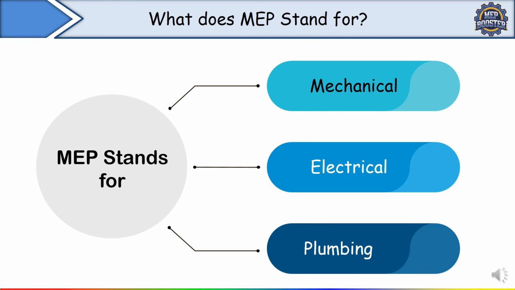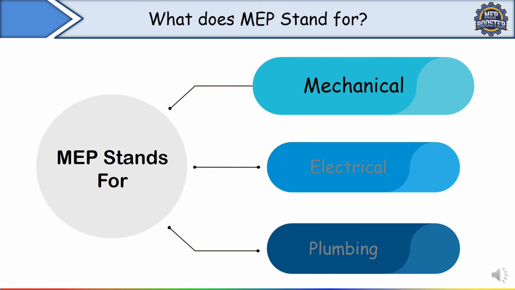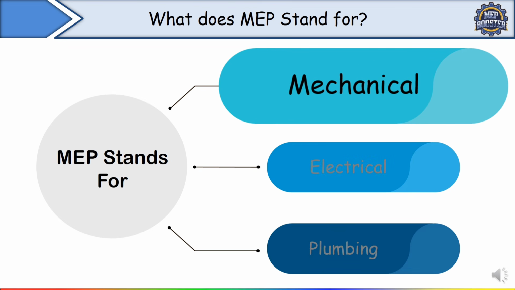So in that, the first one is mechanical system. The mechanical system in MEP encompasses the heating, ventilation, air conditioning and fire protection system within a building. So all of you know that heating provides warmth during cold weather using boilers, furnaces or heat pumps.